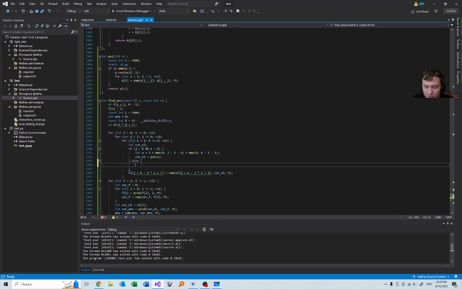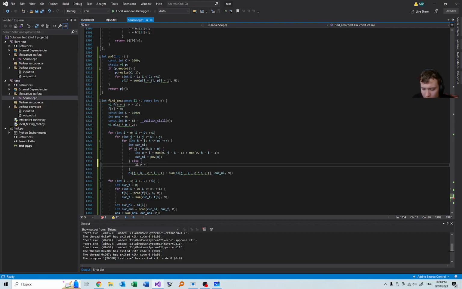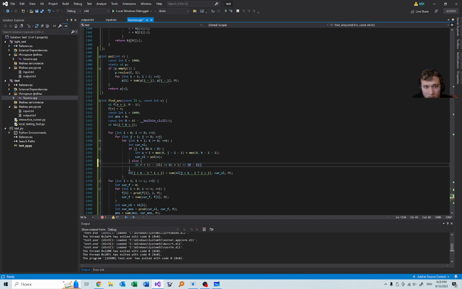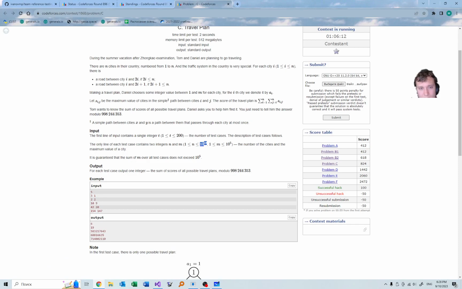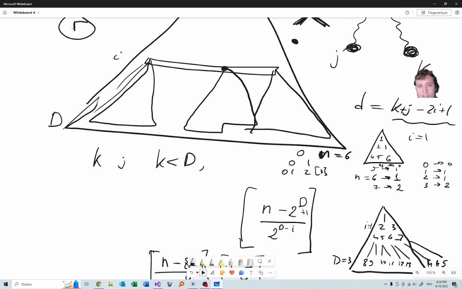Let's now put it here. LLR equals n minus 2 to the d plus 1 over 2 to the d minus I. Yes, this is R. This is the number of vertices which are totally fine.